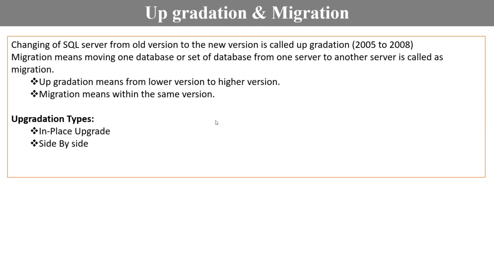When you decide to go for in-place upgradation or side-by-side upgradation, the major thing we need to do is the pre and post upgradation steps. That means before you perform the upgradation, what prerequisites do we need to take, and what to do after you upgrade.